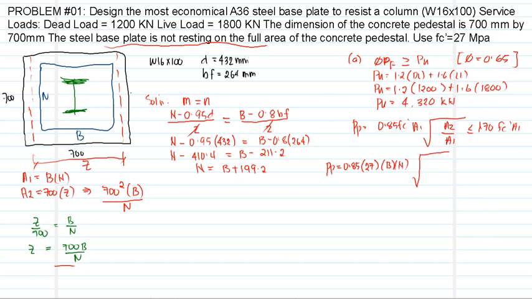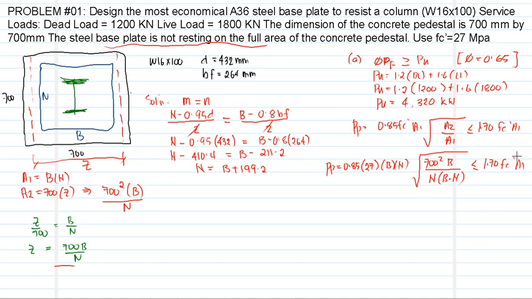Okay? So, we have area 1 that is B times N. And the square root of our area 2 is equal to 700 squared B over N. Then our area 1 is B times N. Okay. This should be less than or equal to 1.70 FC prime of A1.